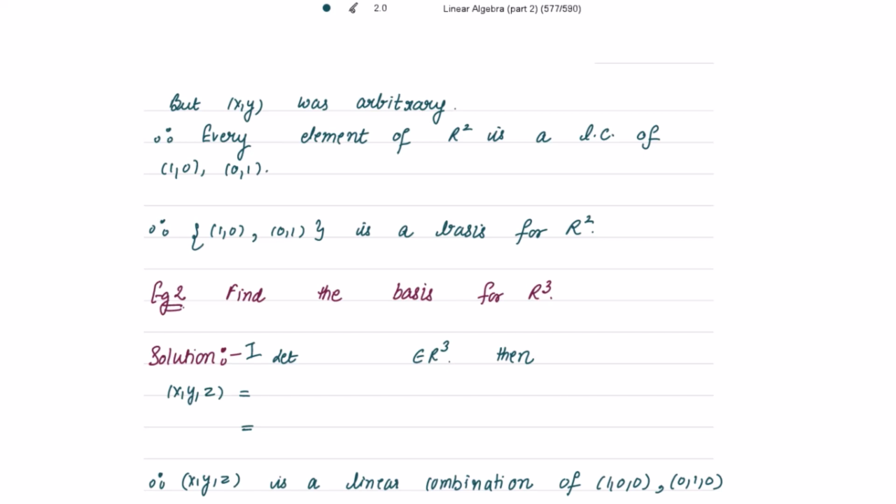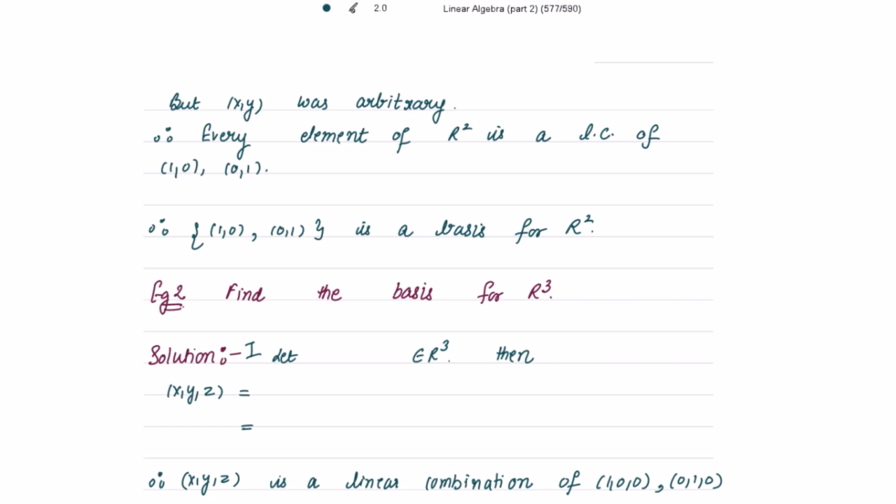Find the basis for R3. Now, it's a three-dimensional space in R. In this example, I'm proving the second result first, since I have to find the basis for R3. So I have to take linear combinations and prove that those vectors are a generating set, that they are the generators of the vector space R3, right?